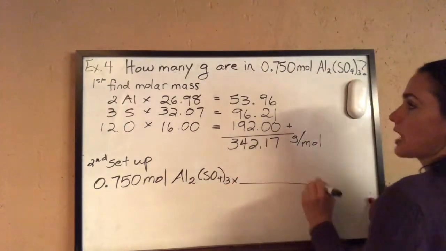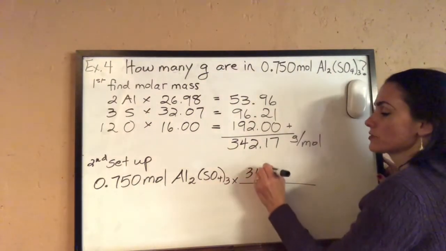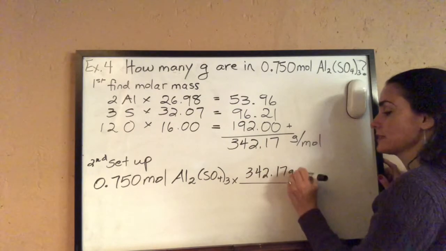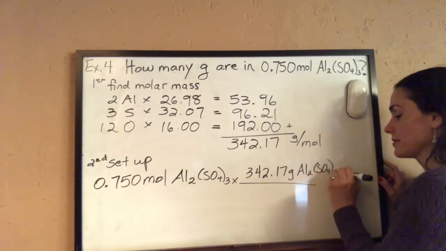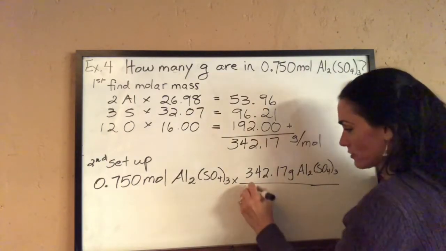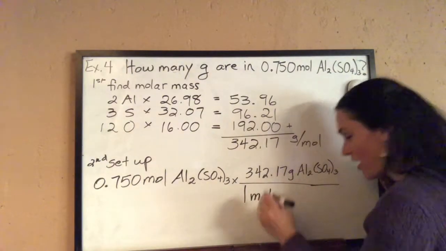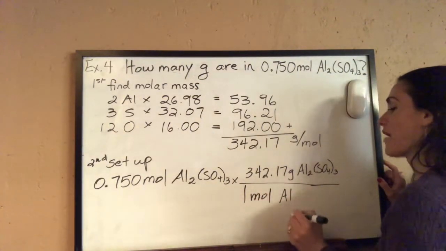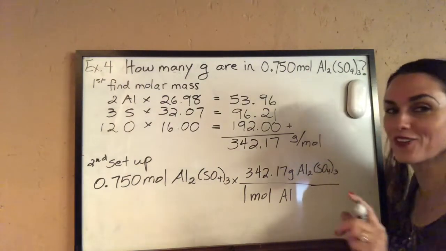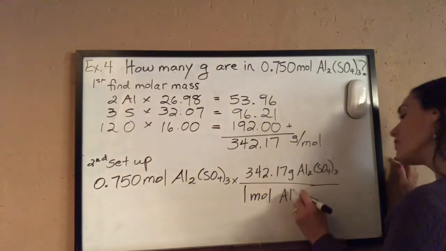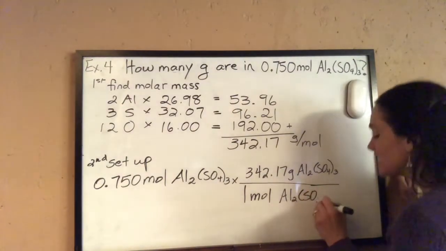We want to convert it into grams, so 342.17 grams of aluminum sulfate per 1 mole of aluminum sulfate.